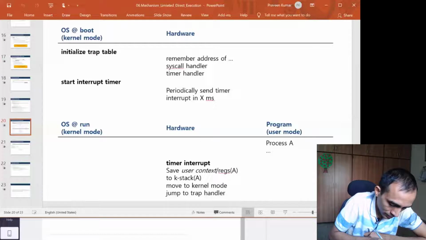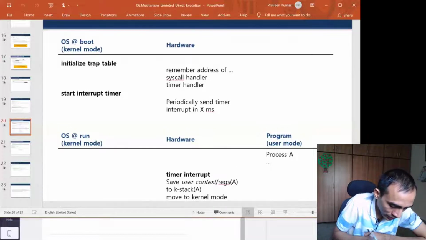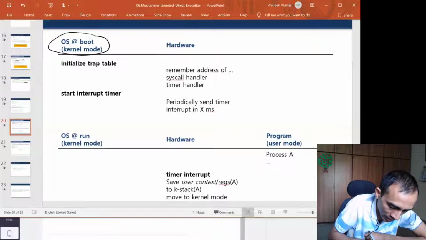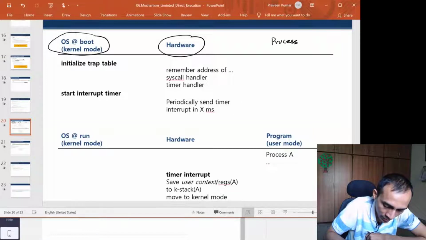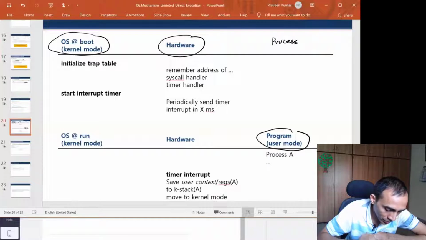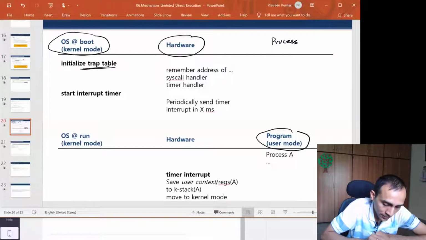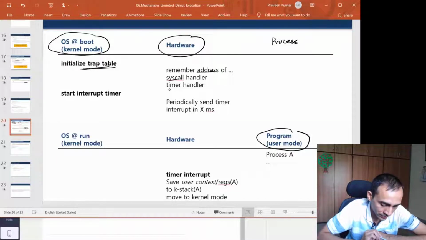There are three things which get involved. One is your OS in kernel mode. Another is your hardware. Something hardware will do, something the OS will do, and something your process will do when the process is executing in user mode. This is what we are writing here. At boot time, there is no process. The OS starts running. It initializes your trap table, where you store the addresses of different system call handlers as well as the timer interrupt handler.